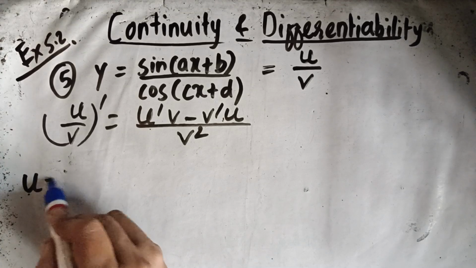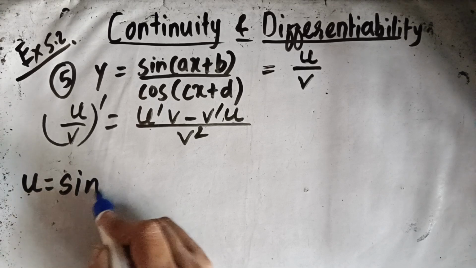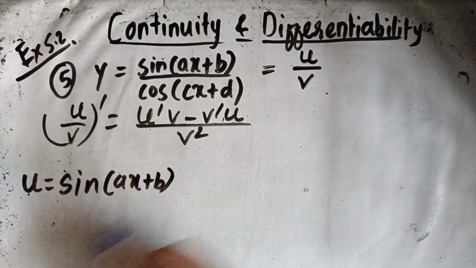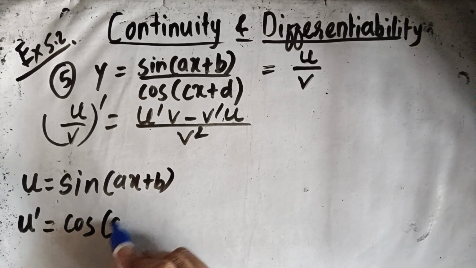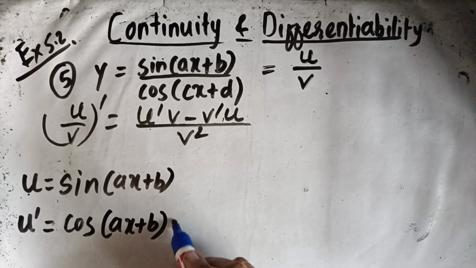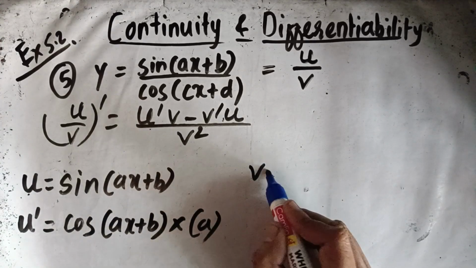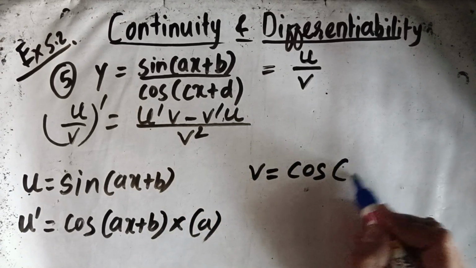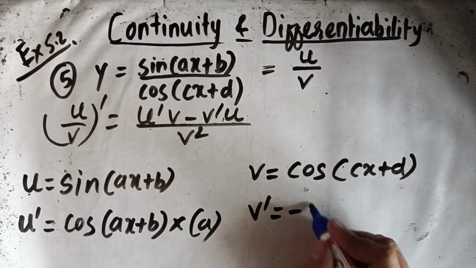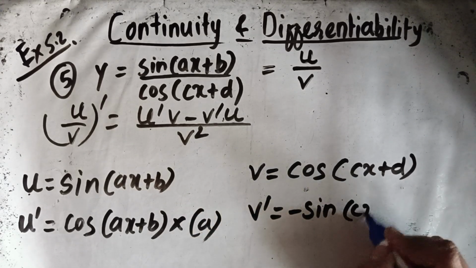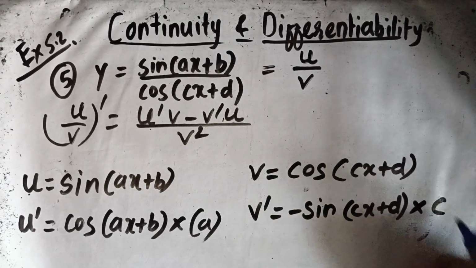So u is sine of ax plus b, and u dash is cos of ax plus b into a. V is cos of cx plus d, so v dash is minus sine of cx plus d into the derivative of cx plus d, which is c.